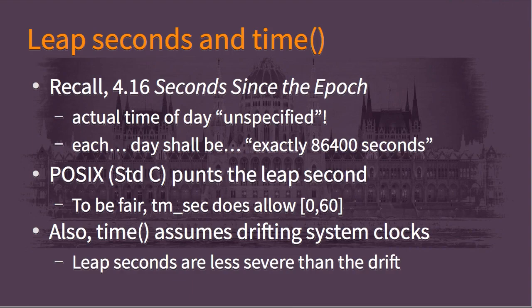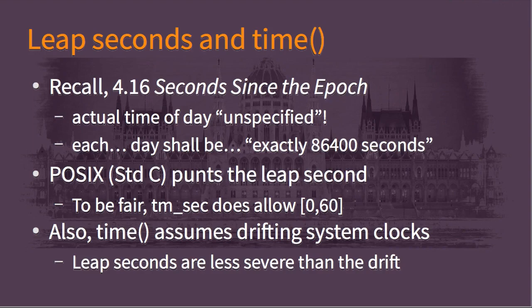So let's go back to our friend the time function. Remember that it said the actual time of day is unspecified relative to the seconds since the epoch, and they say that each day shall be exactly 86,400 seconds long. So in other words, with this section 4.16, POSIX and standard C are punting the leap second.